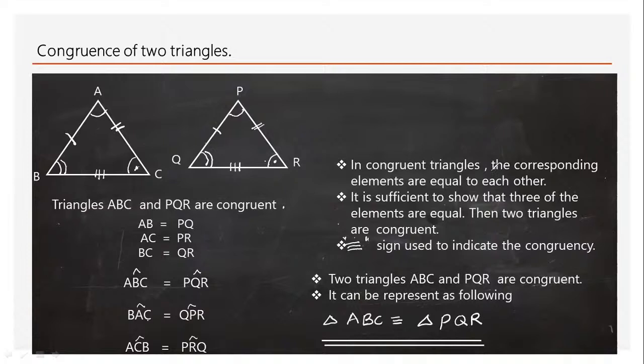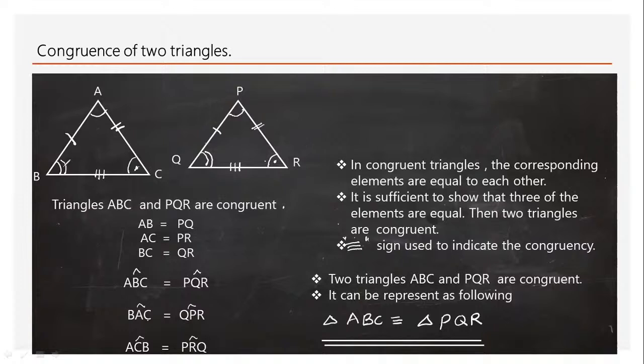In congruent triangles, the corresponding elements are equal to each other. Corresponding: AB corresponding to PQ, BC corresponding to QR, AC corresponding to PR.